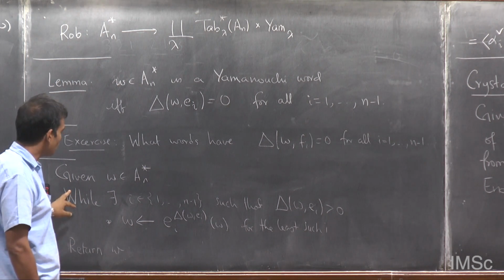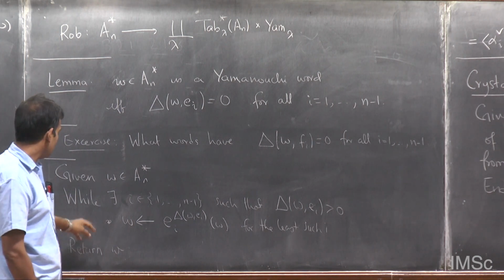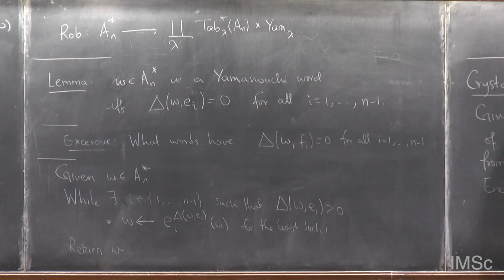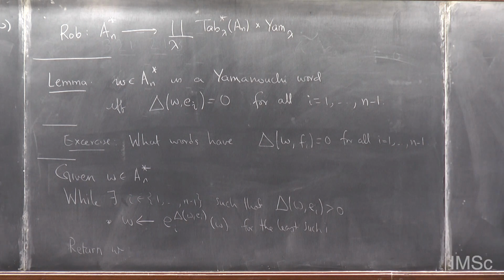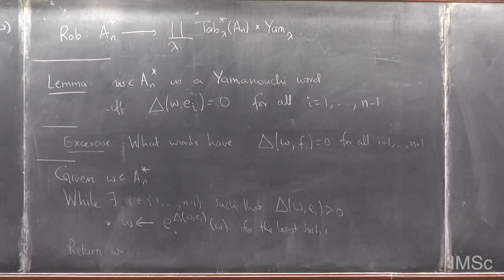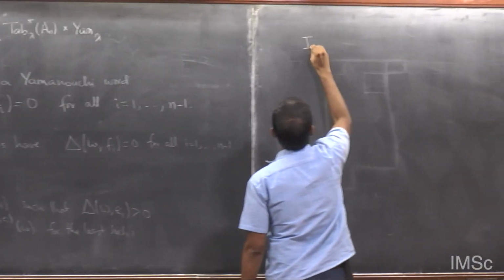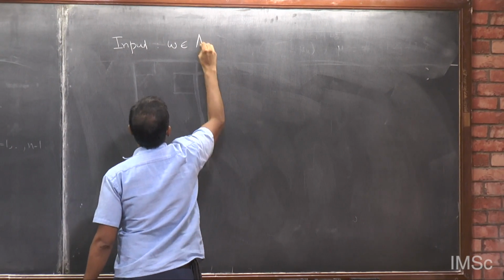So, this is what Robinson did. Let me write it more clearly. Let me write down this algorithm of Robinson's. So, input W belongs to A_n star.